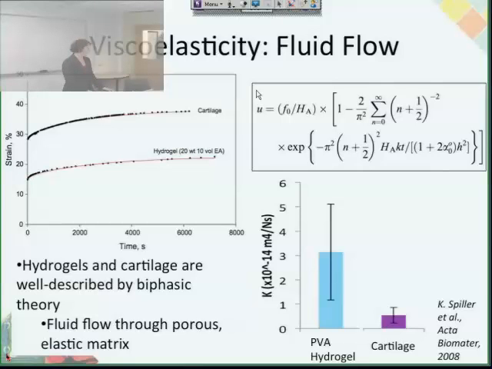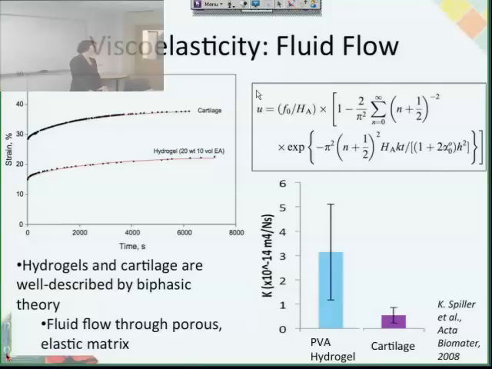I'm showing a model here which is called the biphasic theory, which is just what I just said: fluid flowing through a porous matrix. There's also a poro-viscoelastic theory. There's a whole lot of modeling that people have done to better describe the behavior. But suffice it to say that when you compress a hydrogel, fluid flows through the matrix.